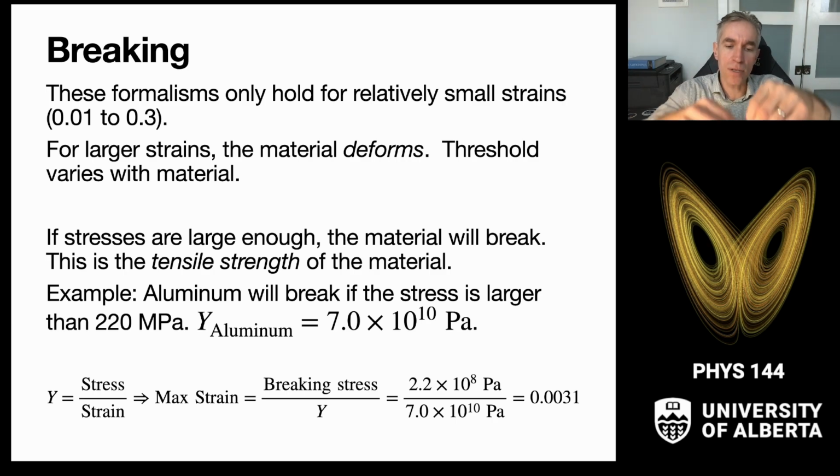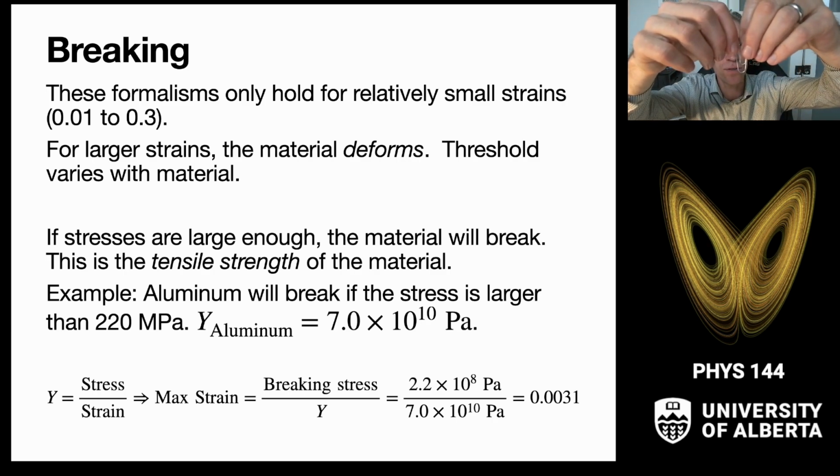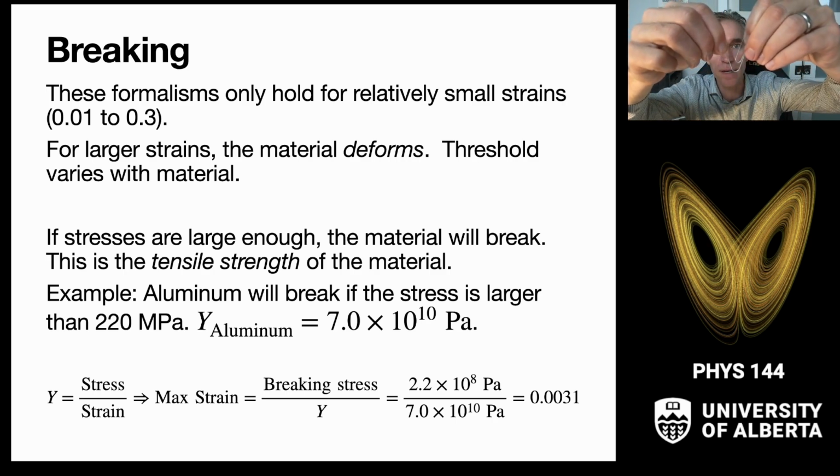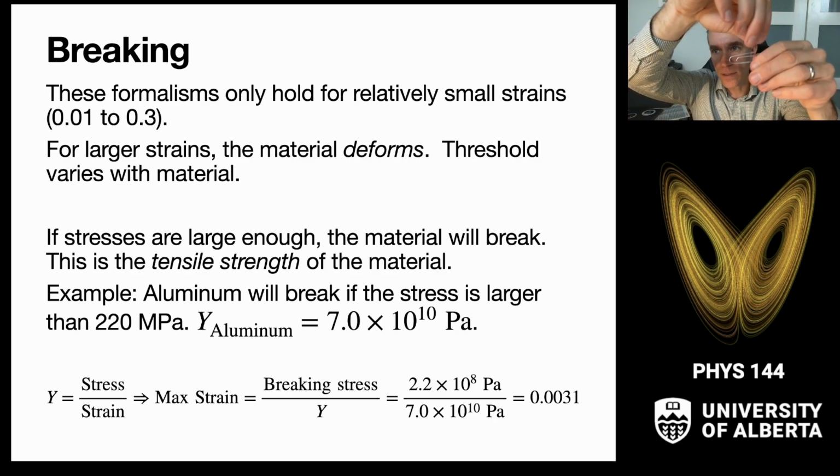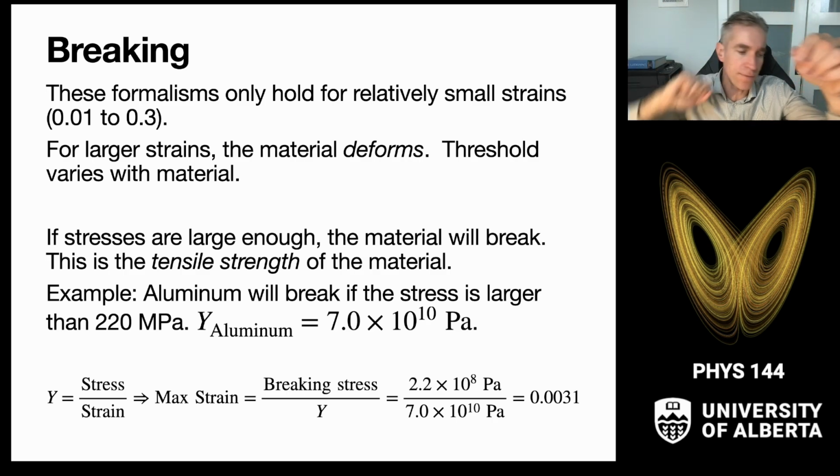But if I give it a much larger stress, it will bend apart and deform, and it will retain its new shape there. And so this is the idea that this Hooke's law formalism really only works for these tiny strains. As long as I don't get much of a resulting change in the object, it'll spring back to its original shape.